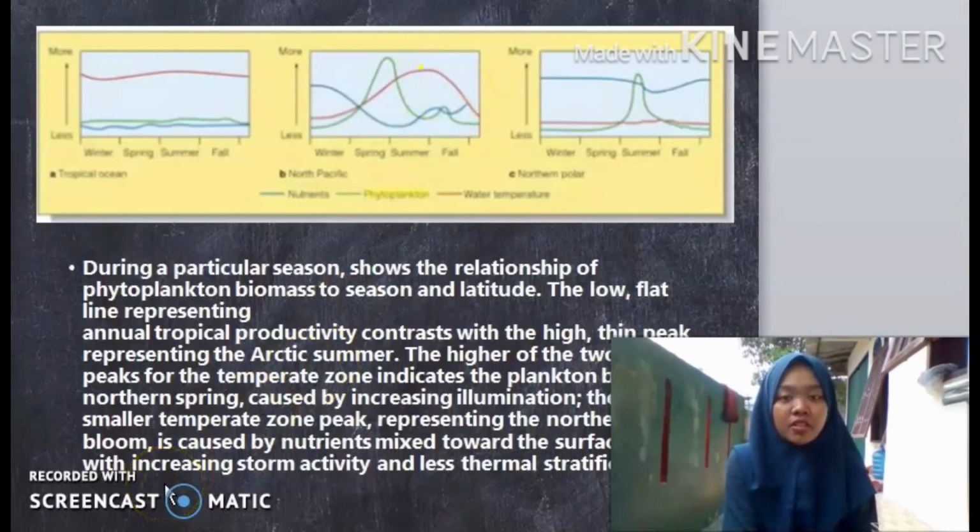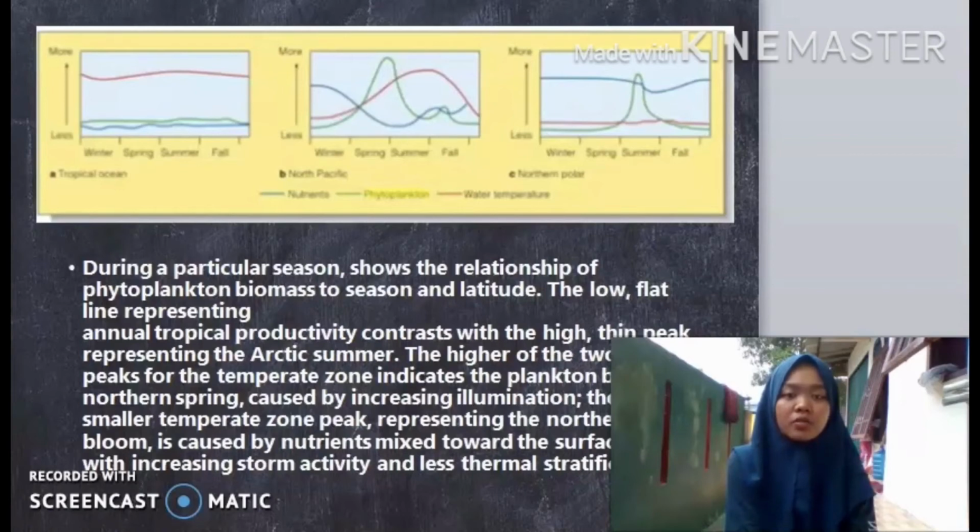The graphs for particular seasons show the relationship of phytoplankton biomass to season and latitude. The flat line represents annual tropical productivity, contrasted with the high peak representing the Arctic summer.